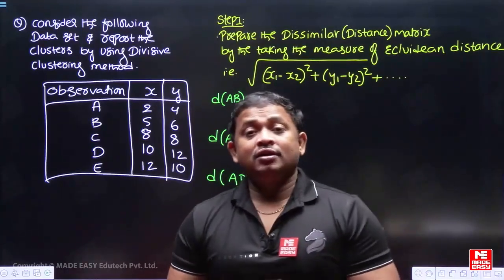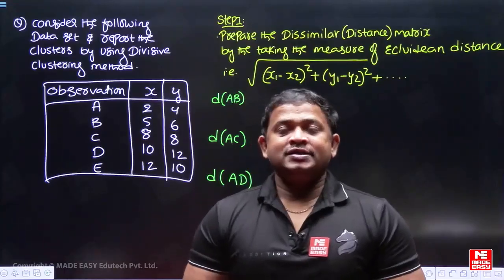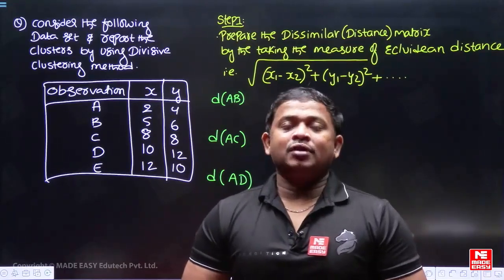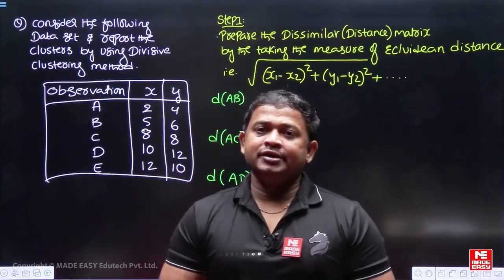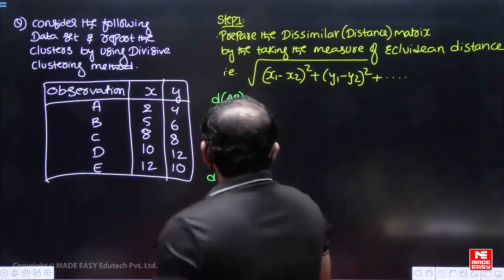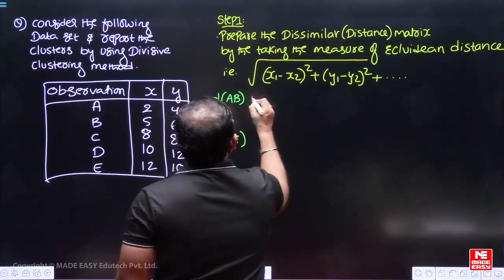How the data point A is similar or dissimilar to other data points will be specified with the Euclidean distance. Now what is the formula here?